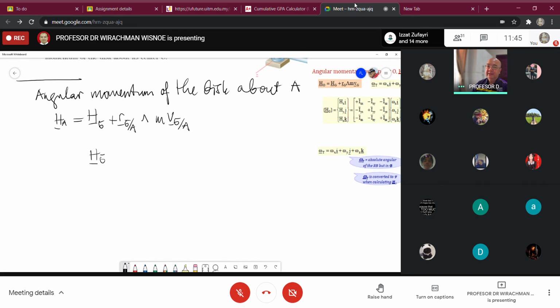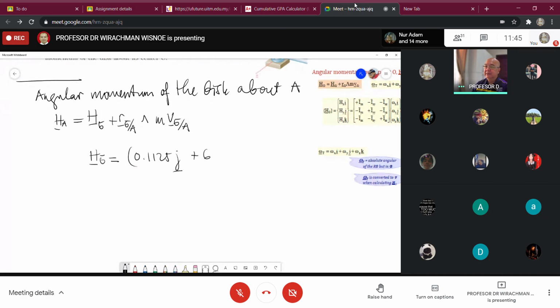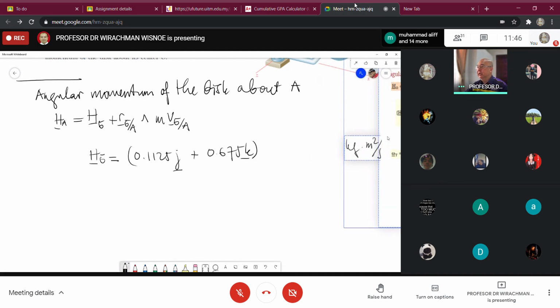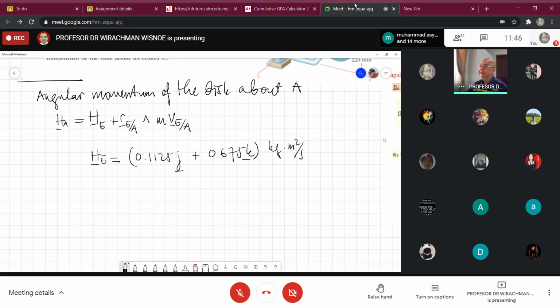HG, the one that we have calculated, equals 0.1125 J plus 0.675 K, kilogram meter square per second. So this one I put there.